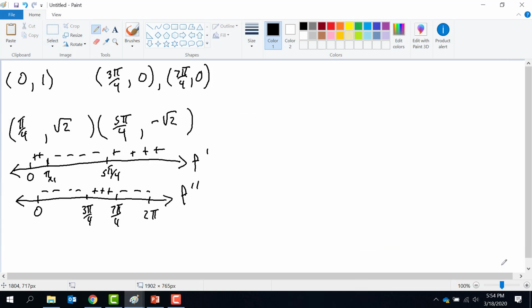Okay, so we are ready to graph this thing now that I have my sign charts up. The graph has a y-intercept at 0, 2. We have x-intercepts at 3 pi over 4 and 7 pi over 4.